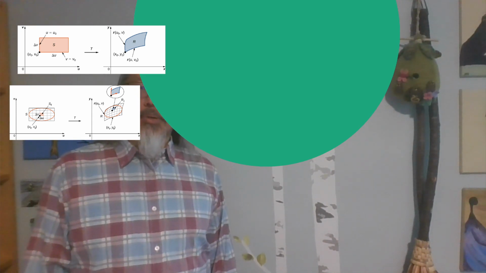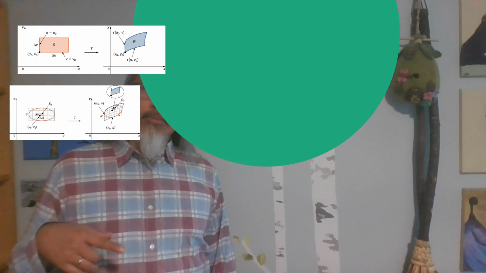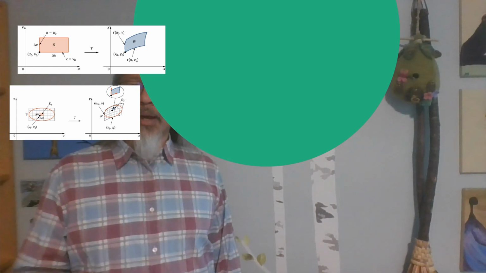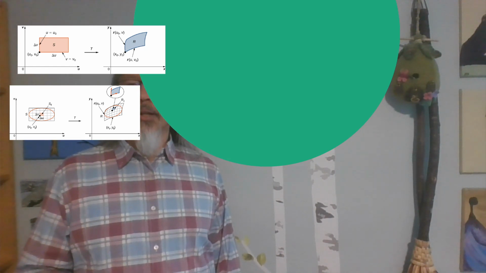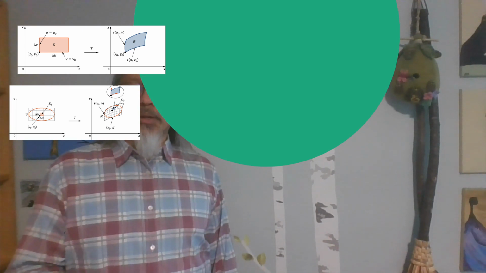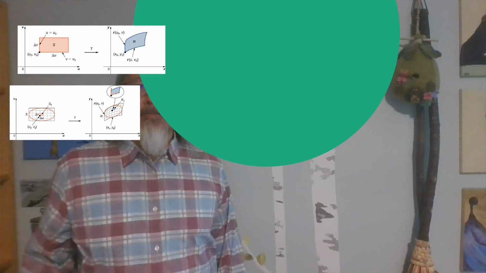The delta x and delta y is going to be some delta something and delta something else. That's going to give us the area of these little parallelograms that approximate these other, non-parallelogram shapes.